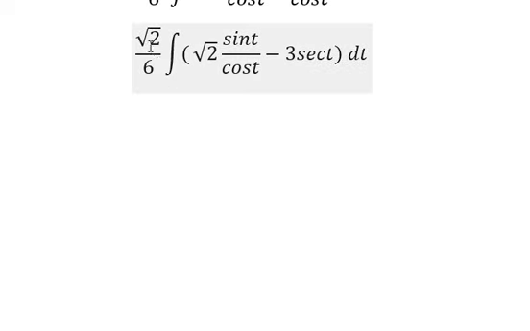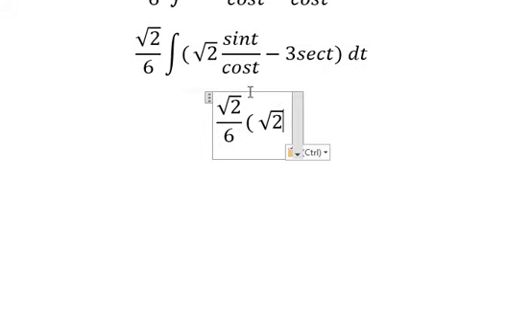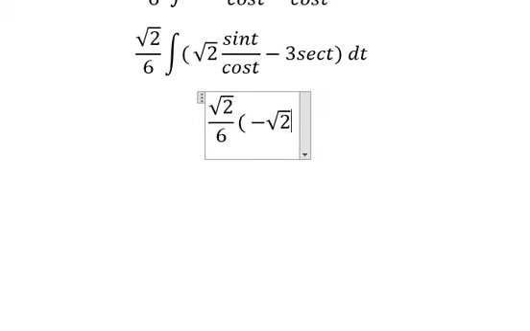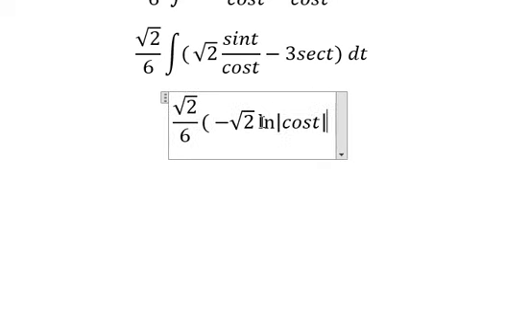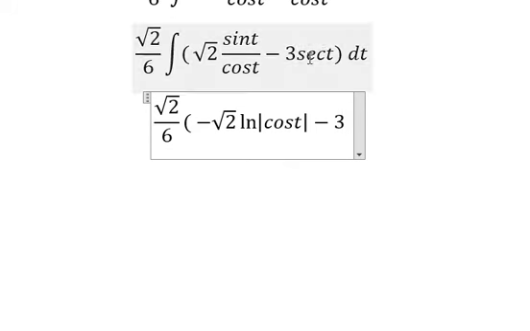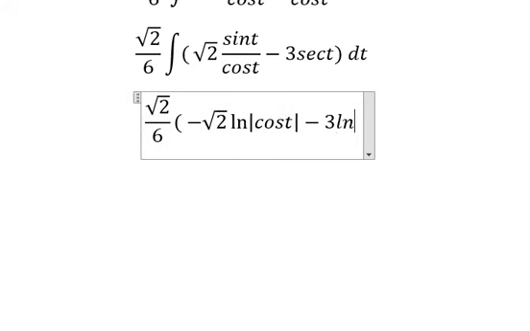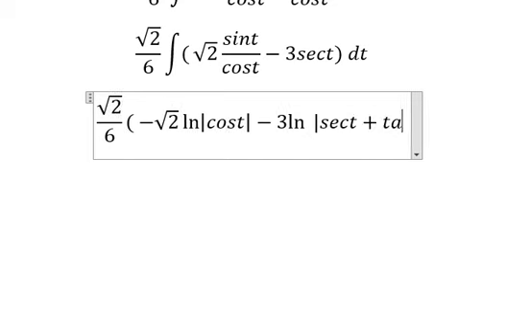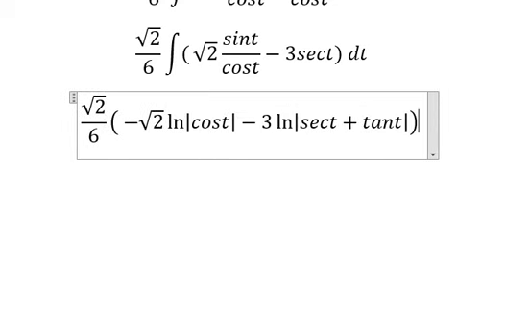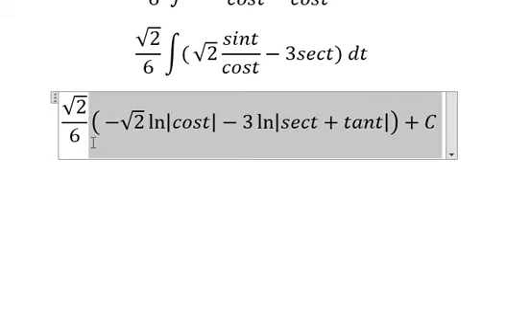And now we can get the final answer. The integral of this one, we have negative ln of the absolute value of cosine t. The integral of secant of t, we have ln of the absolute value of secant of t plus tan t. And we put c.